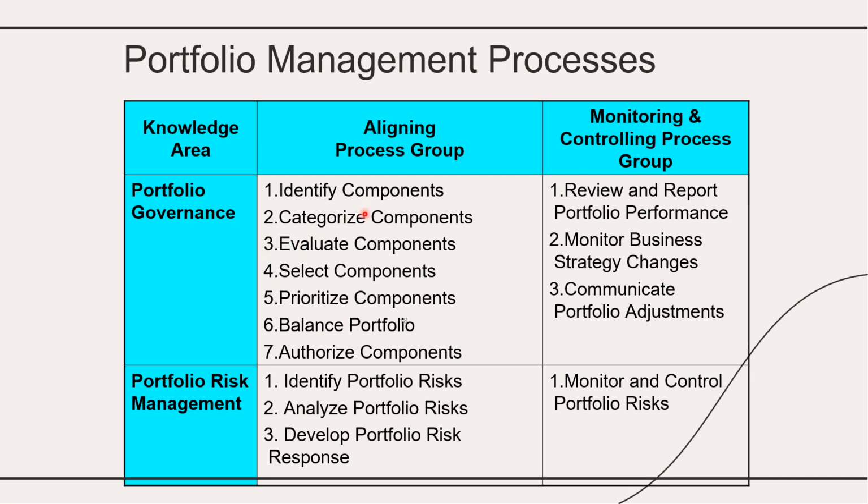In portfolio governance, we need to identify the components within the aligning group, categorize those components, evaluate them, select them, prioritize them, and if possible, balance the portfolio and authorize the components. But what happens with the monitoring and control process group? You need to review and report the portfolio performances, monitor business strategic changes, and communicate portfolio adjustments on an as-needed basis.